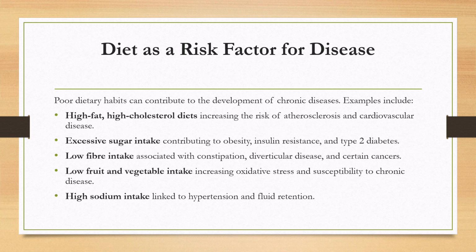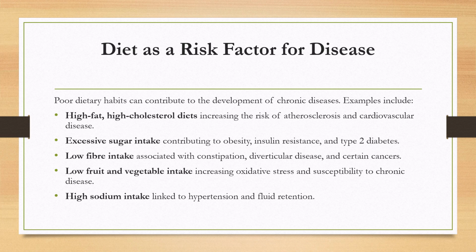Cases such as when you have a high-fat or high-cholesterol diet can predispose you to atherosclerosis and cardiovascular disease. Excessive sugar intake can contribute to obesity, insulin resistance, and type 2 diabetes. A diet low in fiber can be associated with constipation, diverticular disease, and certain cancers.